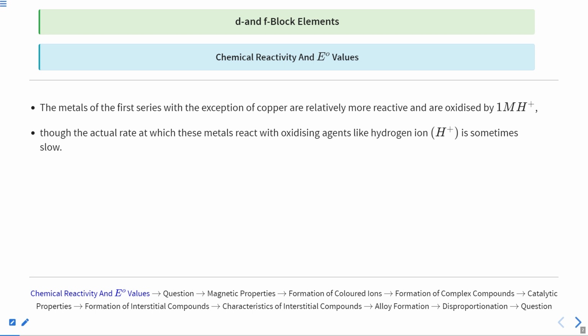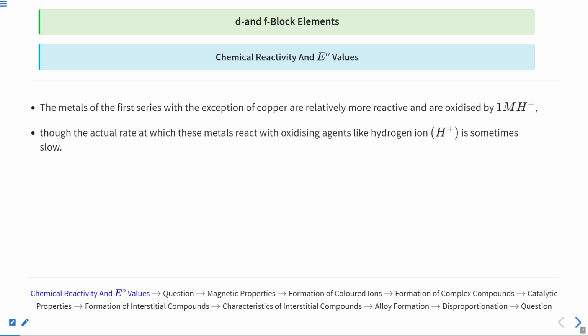What does it mean? It means that copper has a positive reduction potential. Due to this reason, it is not getting oxidized and it is getting reduced.